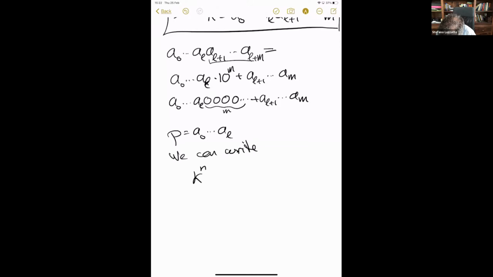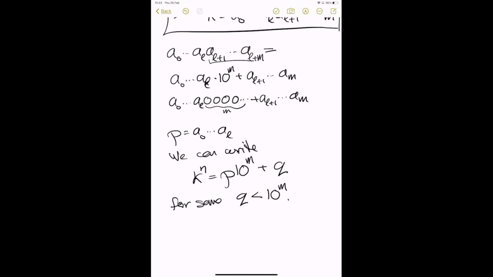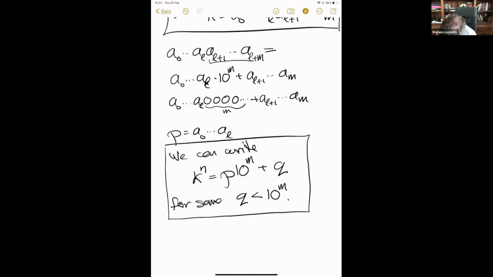So what we're saying is that we can write k to the n is equal to p times 10 to the m plus q for some q less than 10 to the m. This is what we need to show.